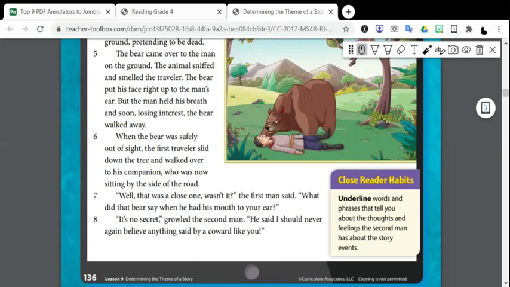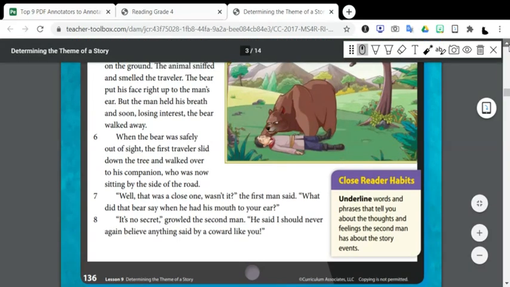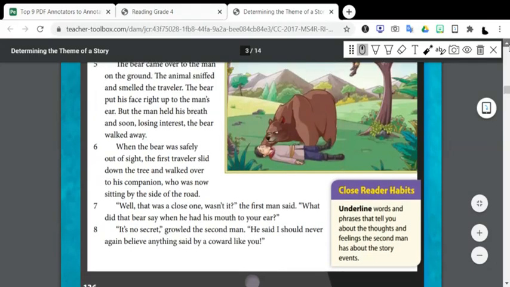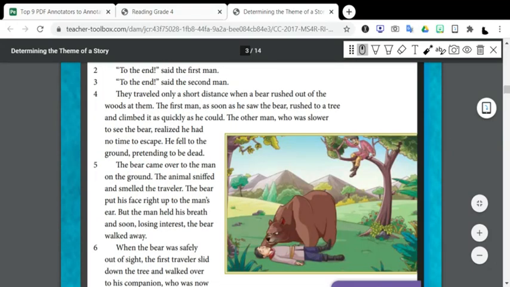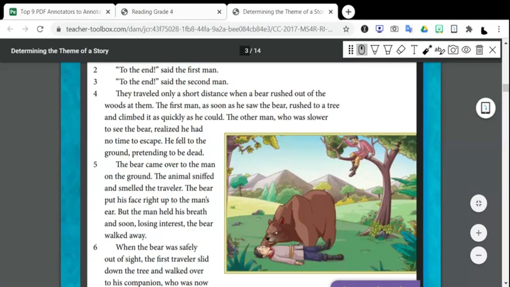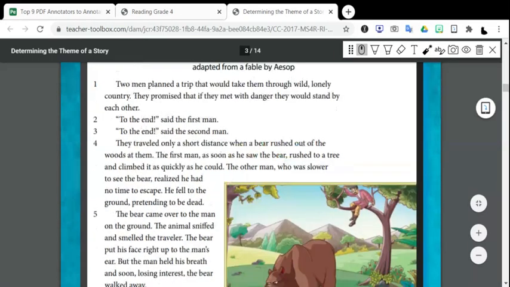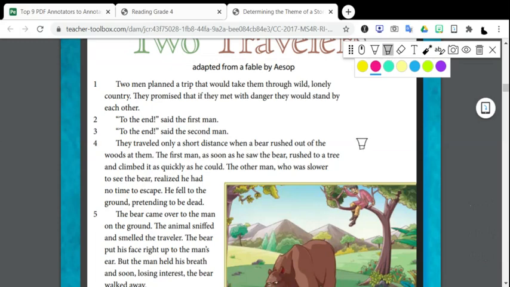When the bear was safely out of sight, the first traveler slid down the tree and walked over to his companion, who was now sitting by the side of the road. "Well, that was a close one, wasn't it?" the first man said. "What did the bear say to you when he had his mouth to your ear?" "It's no secret," growled the second man. "He said I should never again believe anything said by a coward like you."